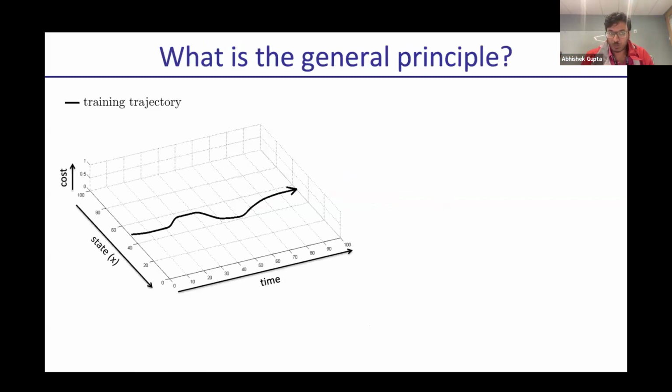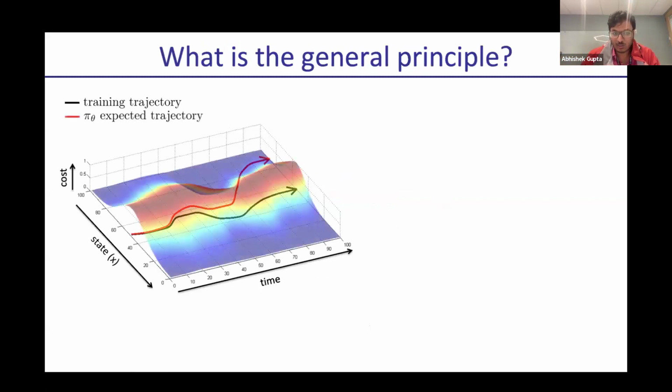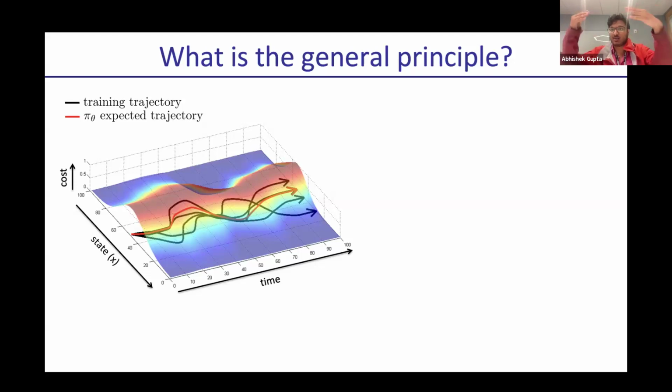The general principle behind a lot of these methods that deal with compounding error is to augment the data set in a clever way that brings you back in distribution. If you see the distribution here shown in red, you really want things that take you from this out of distribution state and bring you back in distribution. That's really the trick, right? Whenever you want to deal with compounding error, you want to find ways to stabilize back to being in distribution.